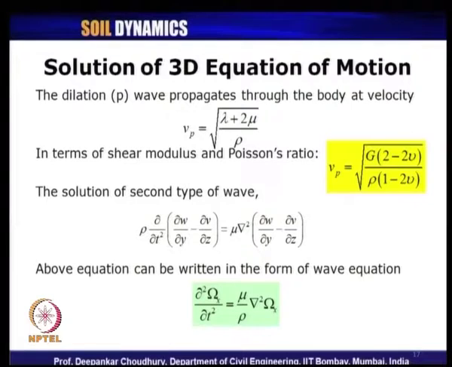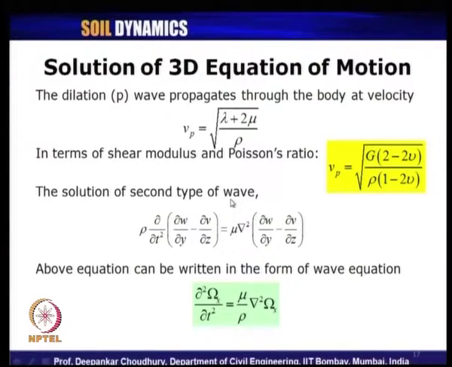So, once again I am telling what the limiting value of the Poisson's ratio for a soil is, which can be used for the computation of the primary wave velocity travelling through the soil media. So, that completes the first type of wave, which we have termed the primary wave. Now, we can do another thing to get the second type of wave.